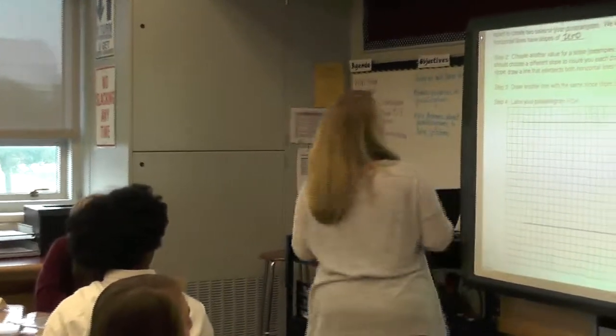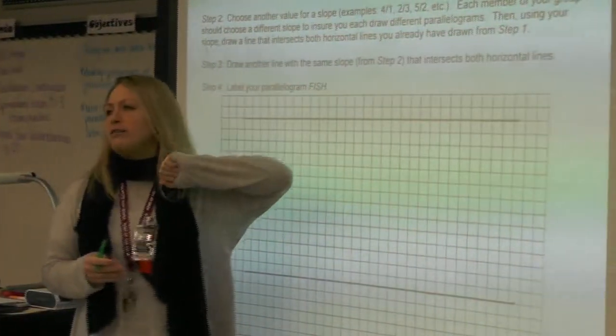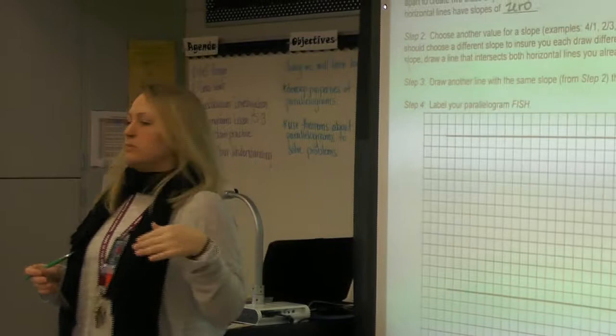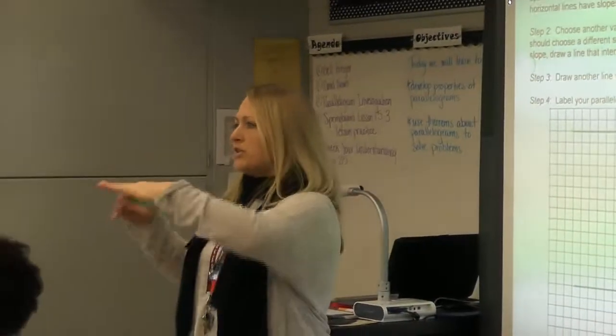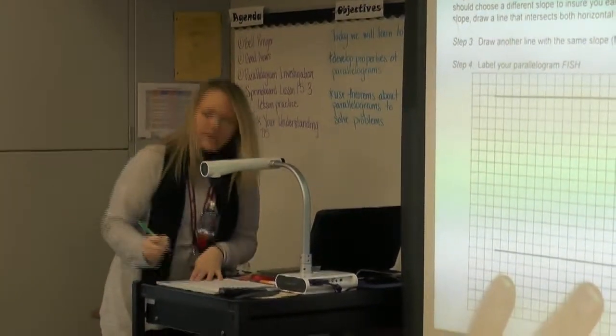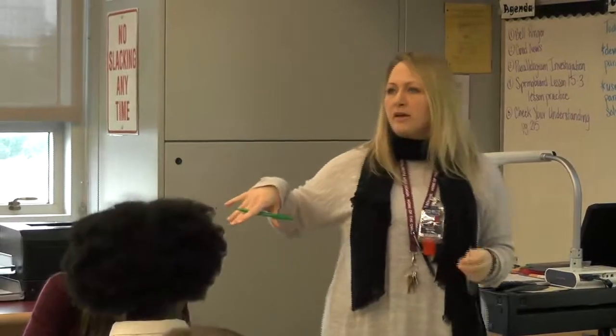However, this is where you have to start communicating with your group, because each member of your group should choose a different slope, because that's going to ensure you each have a different parallelogram. For instance, I can pick a slope of 5. So I would want to let my group know, hey, I'm going to choose 5, or I can use 5 over 1. Just have a little mini chat with your group, let everybody know what number you're picking, so you all pick different slopes.